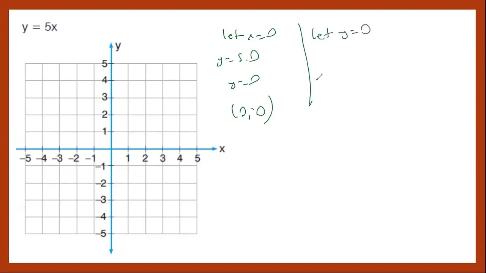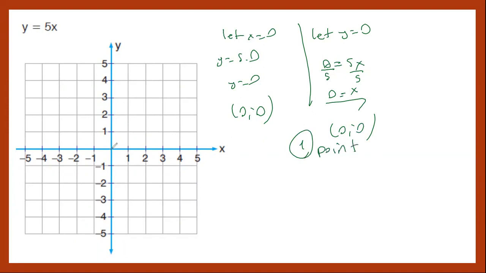Because you get 0 equals 5x. x will be, you can divide both sides by 5, x will be 0. What you got? You got 0, 0. Basically, you get only 1 point. Remember, I told you, except that question that I showed you, x equals 5, y equals 3, something like this. Except those ones, you cannot draw any graph with 1 point.